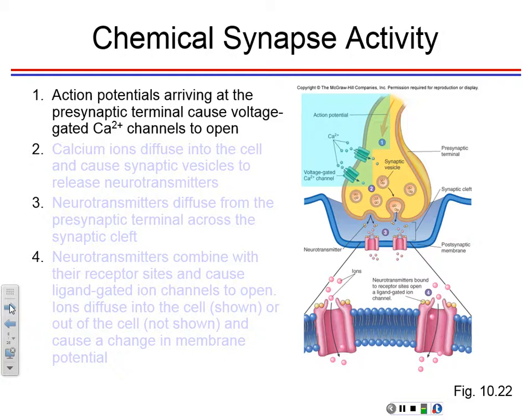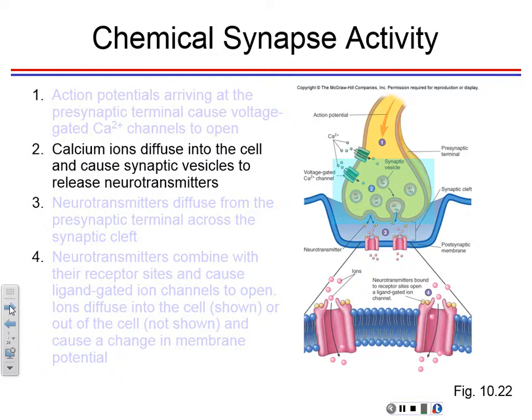But briefly, we all know that when the impulse comes to the synaptic terminal, it affects voltage-gated calcium channels, right? And it is the calcium that goes in and then causes the vesicles to undergo exocytosis so that the neurotransmitter is sprinkled into the synaptic cleft. So we know about that already. These are the basic processes.